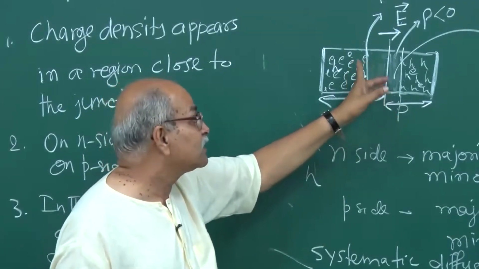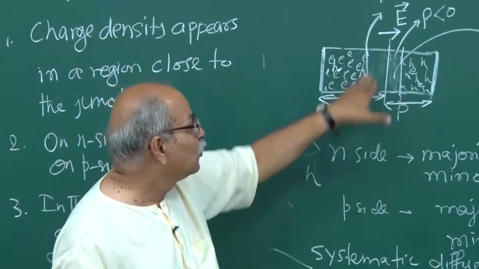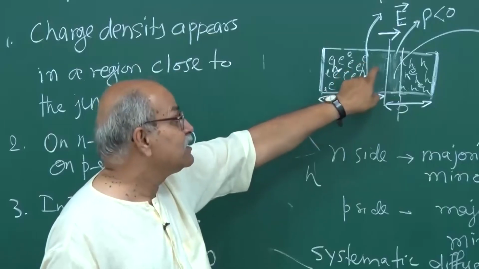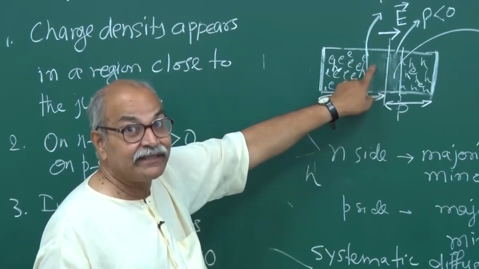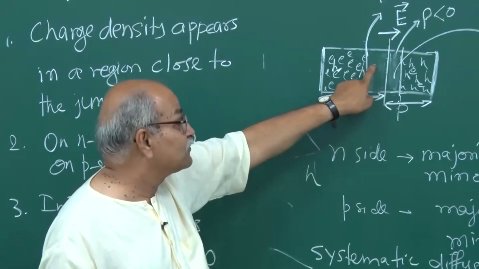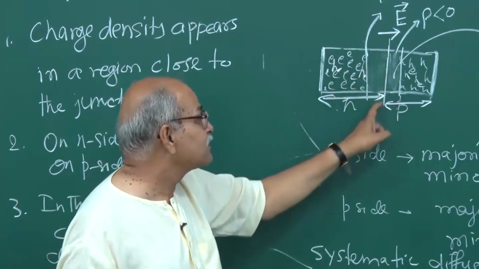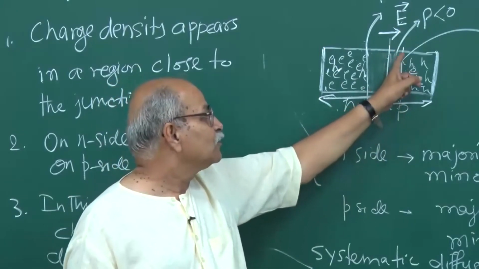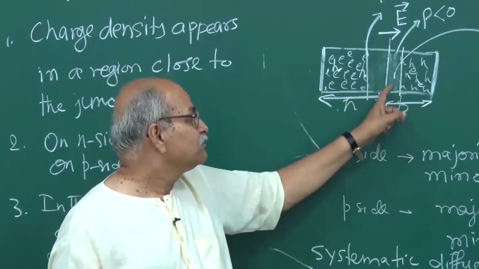Although the conduction electrons are not there, the holes are not there, still those pentavalent impurities that we have put in, arsenic or phosphorus, are distributed in this entire region. This is still N type region. And similarly on the other side, although there are no charge carriers, no holes, no electrons, it is still P type.